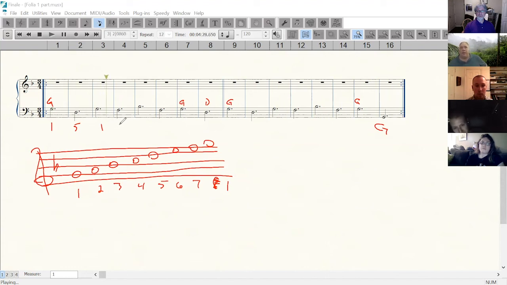So this is 7, this is 3, this is 7, this is 1, this is 5. You see? And this is 1, this is 5, this is 1, this is 7, this is 3, this is 7, 1, and 1.